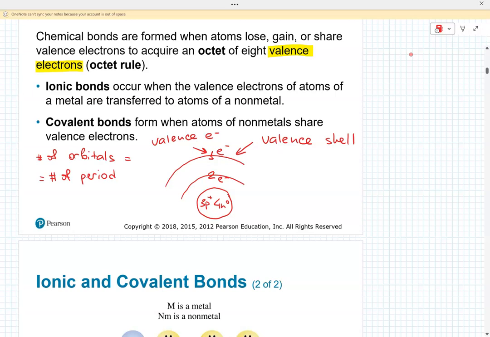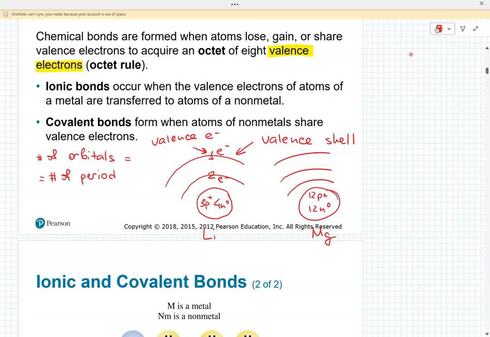One more example, magnesium. So that's lithium, magnesium. How many protons? How many neutrons? How many orbitals? 3, because it's a third period. How many electrons? So count with me.